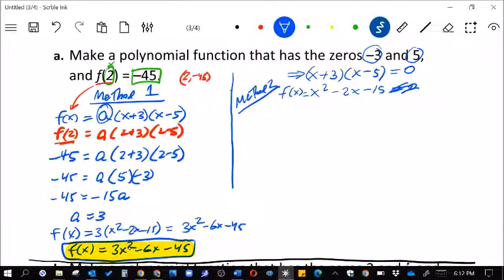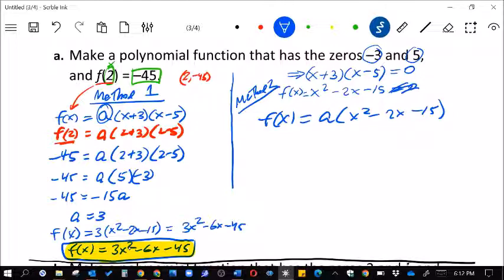Method 2, I multiply these out just as I did here. And then I do -45. Oh, wait a minute, before that, I need to recognize that this is f of x equals a times x squared minus 2x minus 15. So I'm going to have to put that a there.